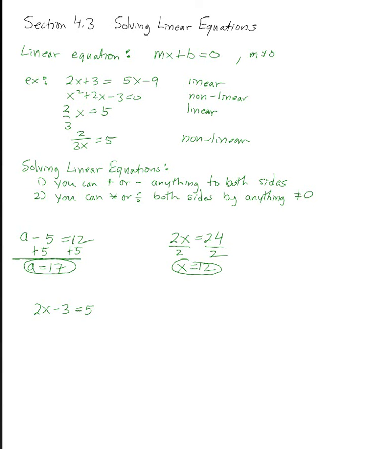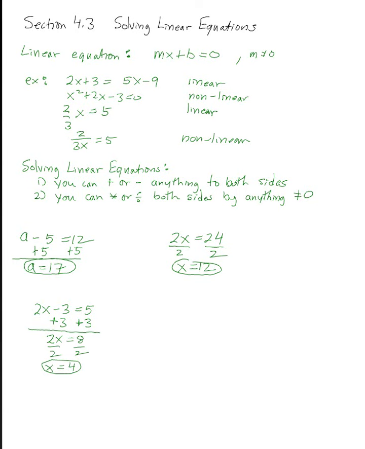We add or subtract anything first, and we multiply or divide at the end. So what I see this time is I have a times 2, and I have a minus 3. Typically, we do the adding and subtracting first. So that tells me I need to do a plus 3, and I need to do it on both sides. So 2x equals 8. One more step. The x is connected by a multiply. The opposite of a multiply is a divide. I divide both sides by 2. I get x is 4.